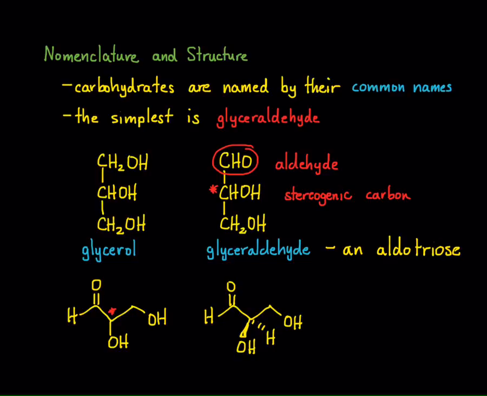And if I figure out the absolute configuration of this molecule, the OH is the number one priority, the carbonyl is number 2, and then that CH2OH is number 3. So I'm rotating in a clockwise fashion, and therefore this is R.